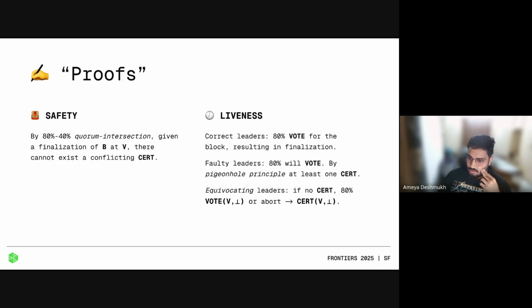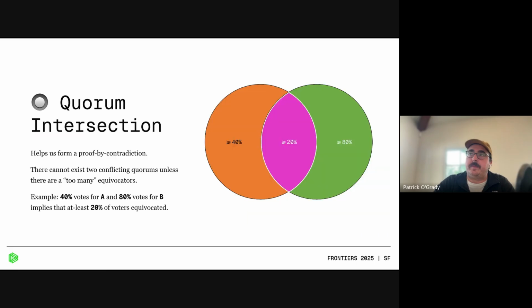So the idea is basically you have 80% of the network which is honest, 20% which is dishonest. Now remember, the thing we care about: can we have a conflicting M notarization and L notarization?